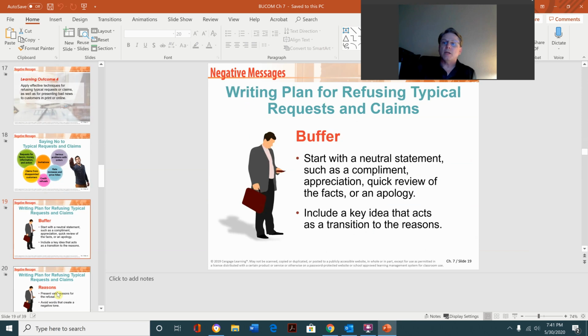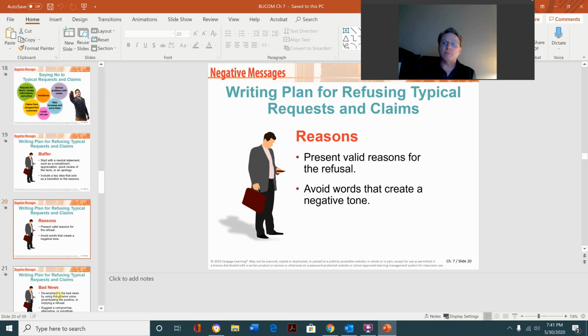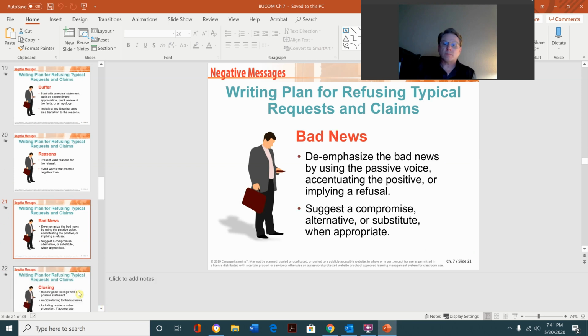Again, the buffer: start with a neutral statement, include a key idea that acts as a transition, a bridge to the next part. Present a valid reason for the refusal, and avoid words that create a negative tone. For the bad news, de-emphasize it by using passive voice and accentuating the positives.